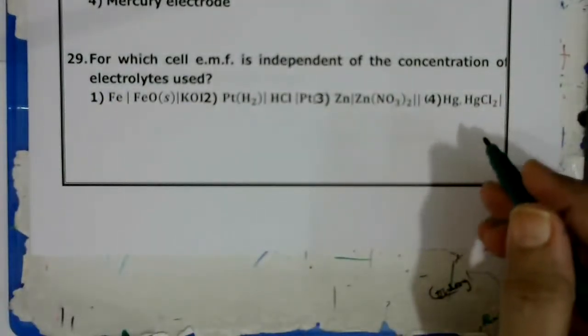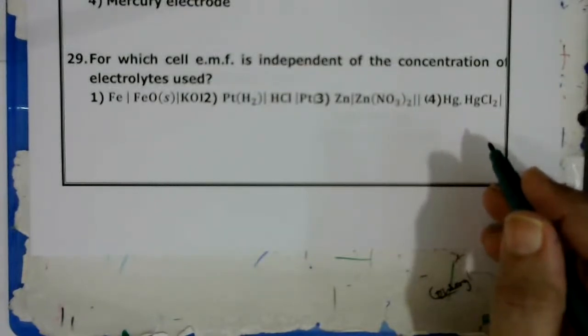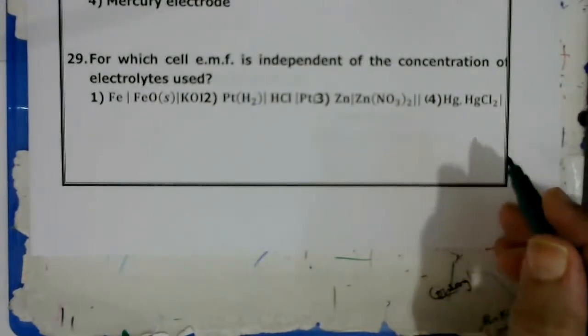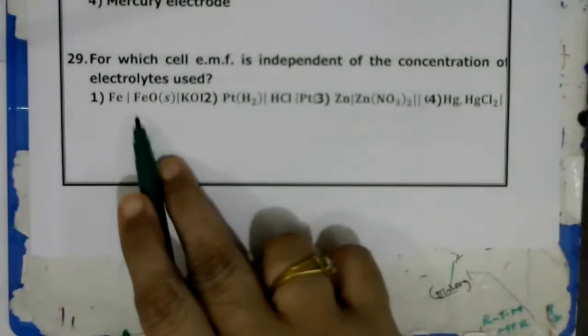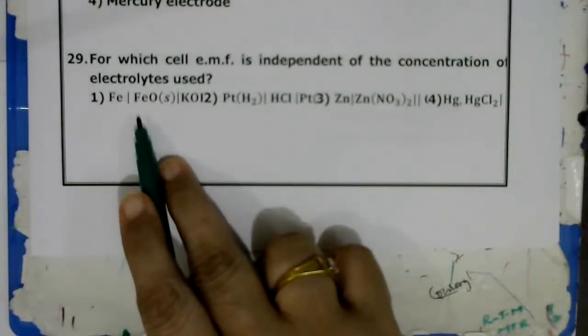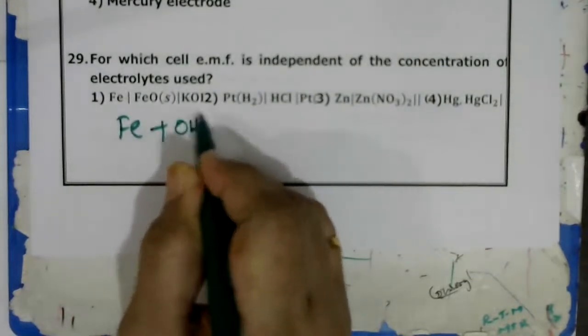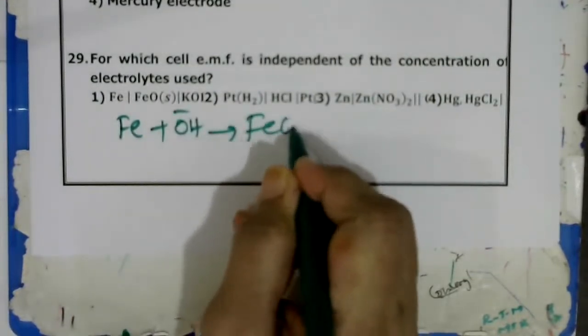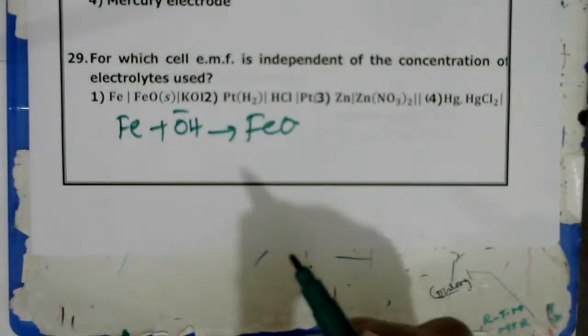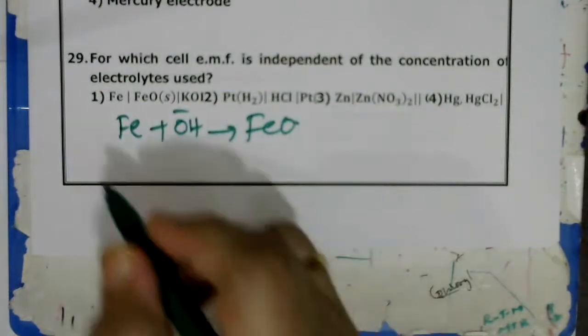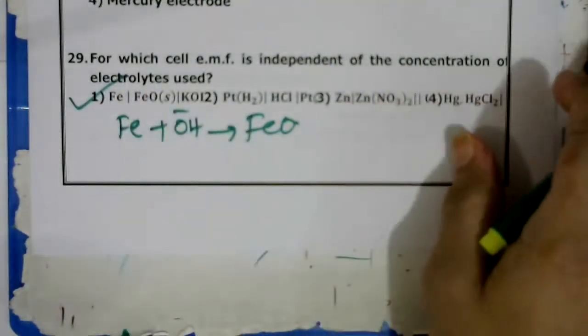Here, with respect to water, iron with OH minus is converted to ferrous oxide. So the correct option is the first one.